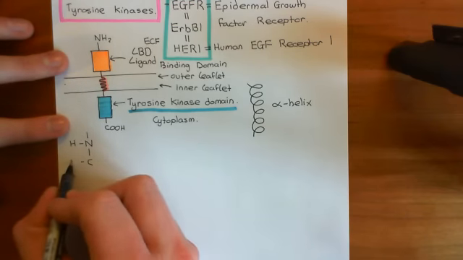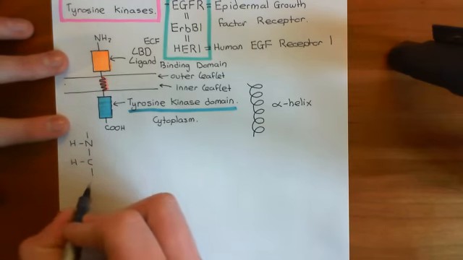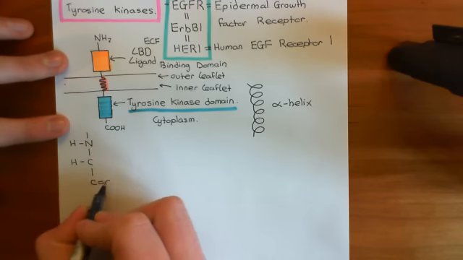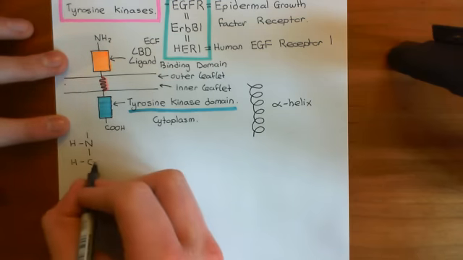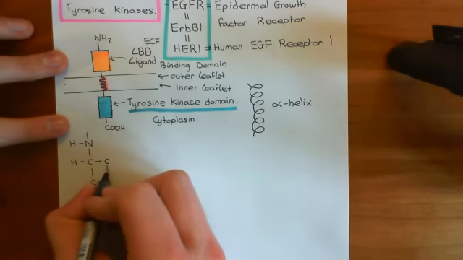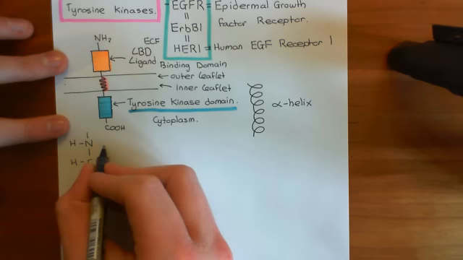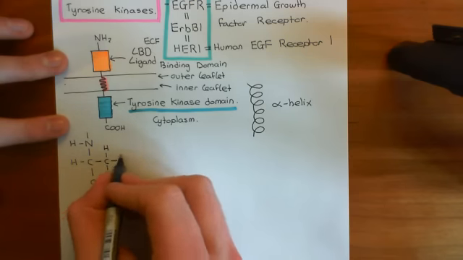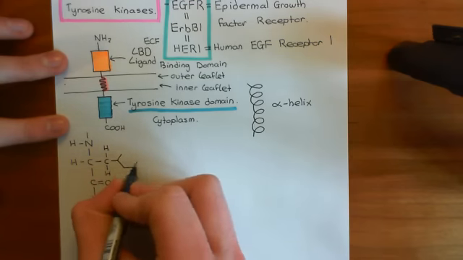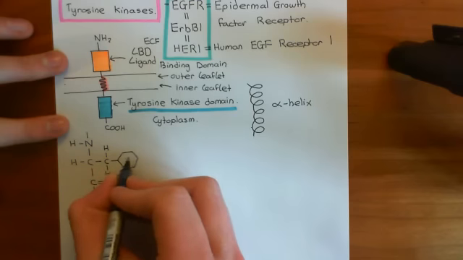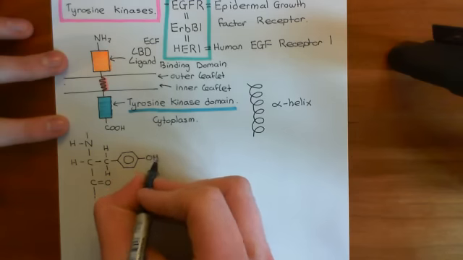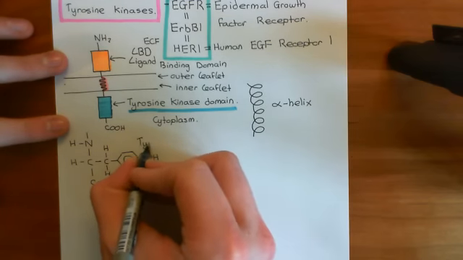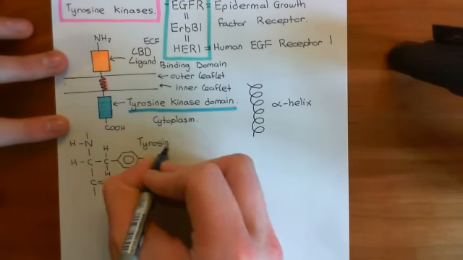And then we've got an alpha carbon here with a hydrogen coming off, and then a carboxylic acid group here, which will be bound to the amino group of the next amino acid along. Now the R group of the tyrosine residue consists of a methylene group, like so, which has a benzene ring coming off it. Okay, so here's a benzene ring. And then off the fourth carbon of the benzene ring, you've got an alcohol group. So this is a tyrosine residue.